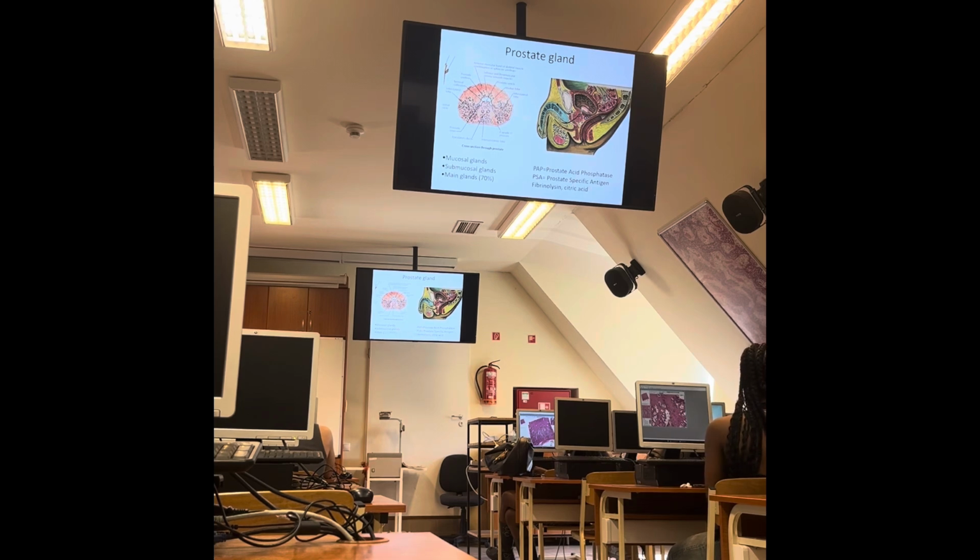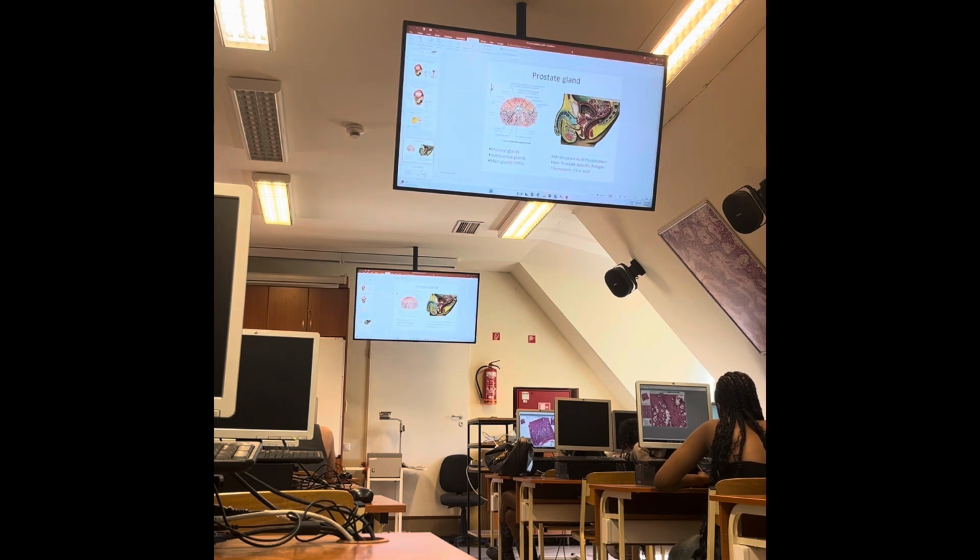The duct of the epididymis will reabsorb some parts of this fluid. Then additional secretions are coming from the seminal vesicle and the prostate gland. So these are the major sources of the semen, or the seminal fluid. Right. Now let's see the specimen itself.